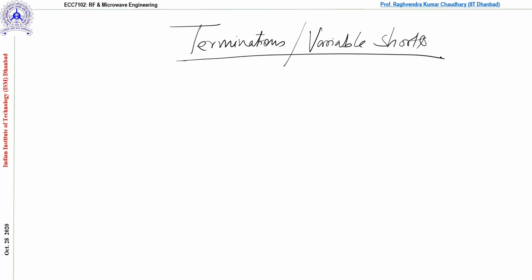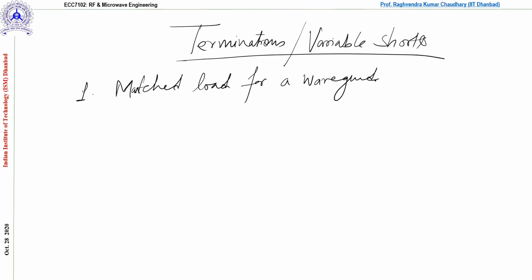correct. So there are two types of waveguide and transmission line terminators. One is the match load for the waveguide, and the second is the variable short circuit.